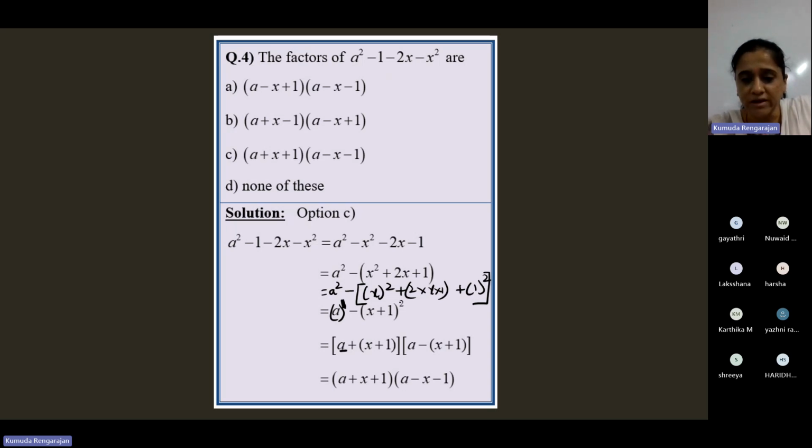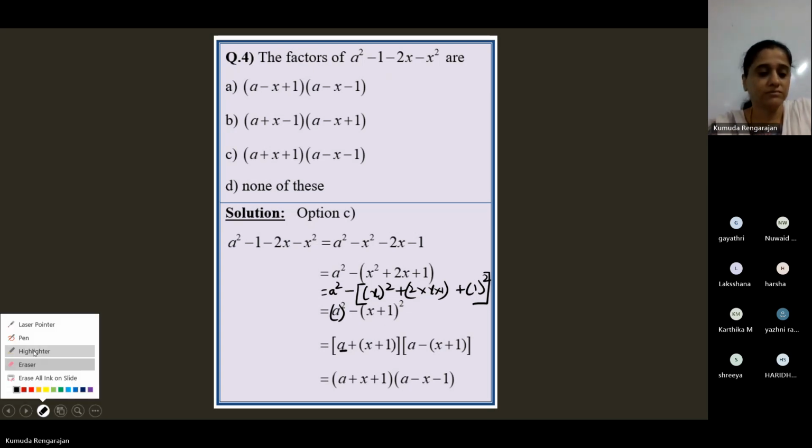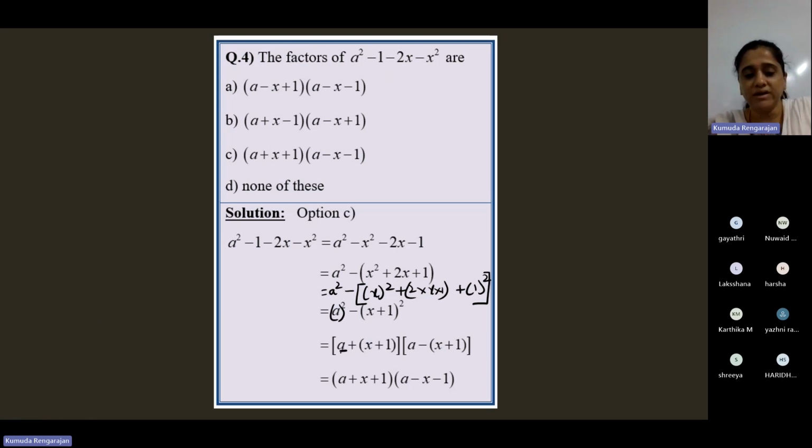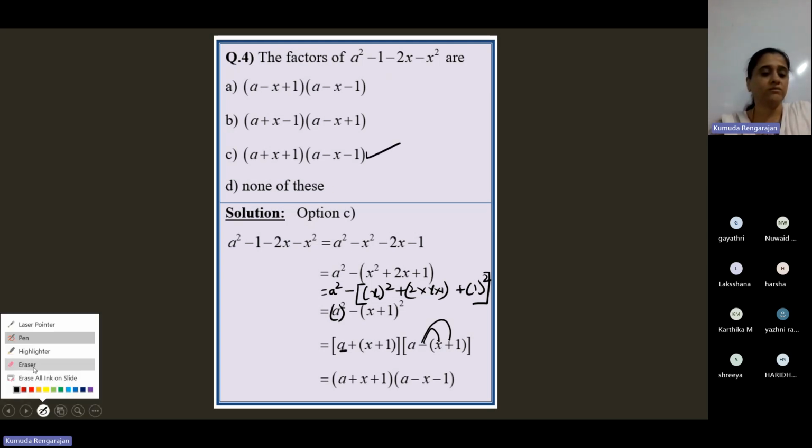Now this is b square; take away the square: this is the b term. So a plus b, a plus x plus 1, into a minus b, a minus x plus 1. Now open the brackets: a plus x plus 1, a minus x minus 1. And you have this answer in option C. Take it down.